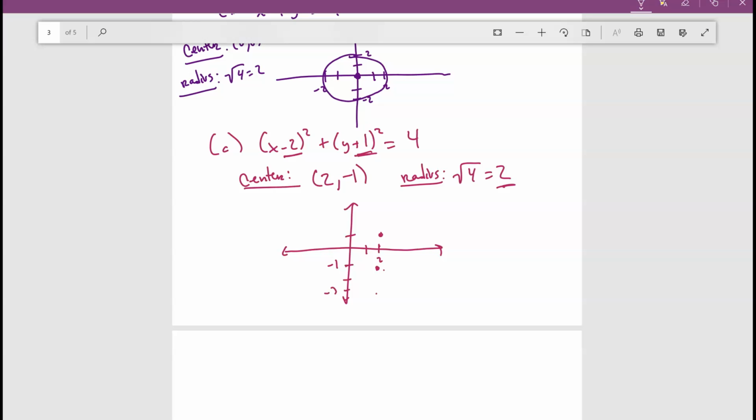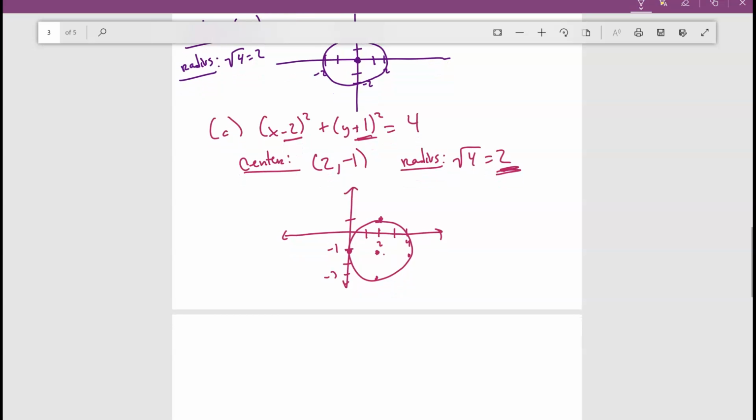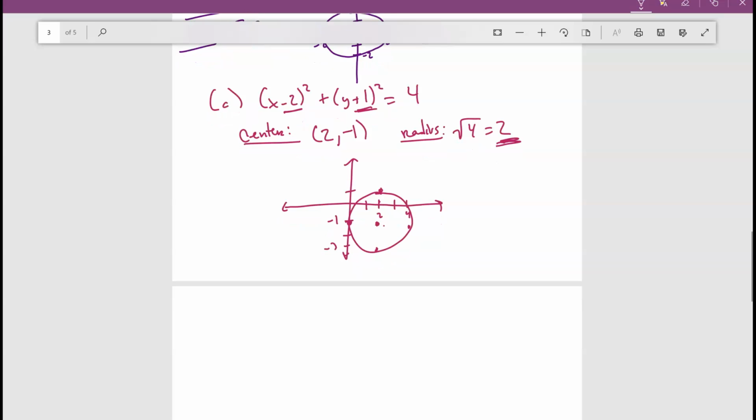So now I'm at -3. 2 units to the right, and 2 units to the left, 1, 2. So my circle is going to look something like this. Okay, so the center is different. All we're just using is the radius, 2 units, whatever the direction is. All right, so graphing is not too terrible.